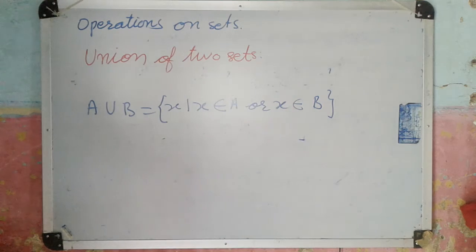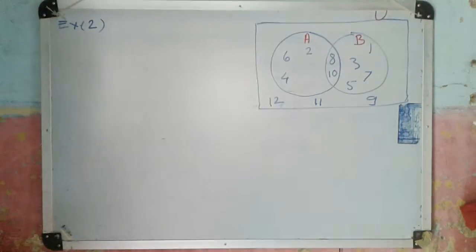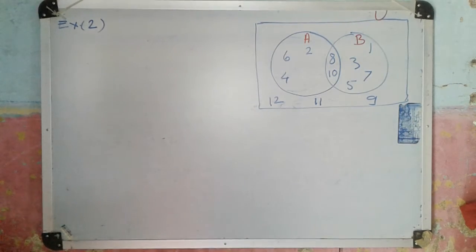So now we'll take the second example. Now example 2. See, a figure is given here. A universal set is given in the figure, and A and B are two subsets of the universal set.